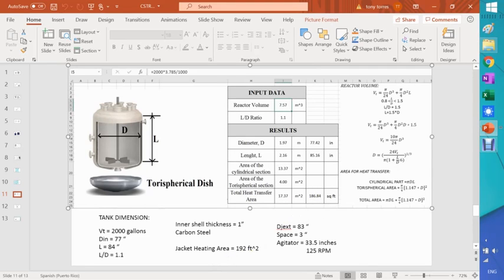I'm very, very close using just a little bit of math as shown here. So if I don't happen to have the blueprints, I can still approximate the values of a vessel as long as the vessel follows some conventional design, which is basically the torispherical dish at the bottom and a cylindrical part after the torispherical part. All right, that will do.